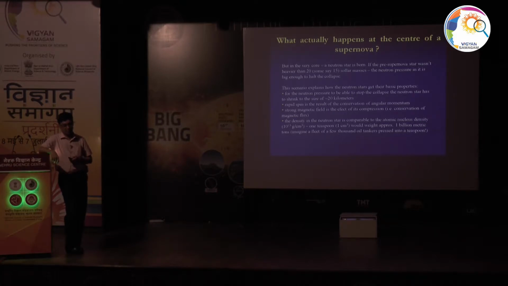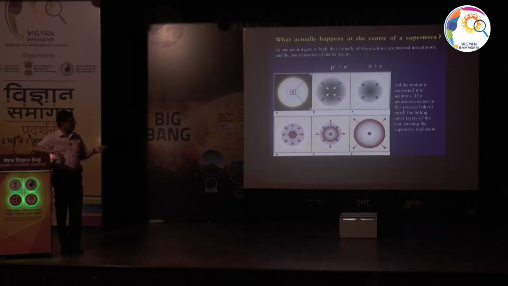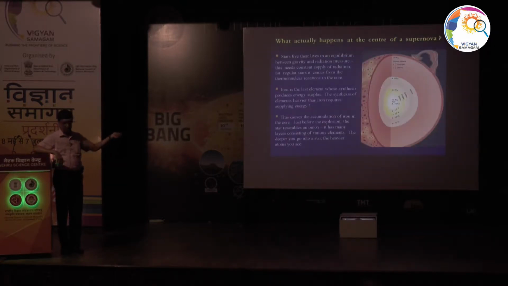So can you find individual atoms in a white dwarf, which you can't find in a neutron star? Yes and no, in the sense that, as you saw, even when you reach a neutron star, the original parent star will still have this onion structure. It will have that, but most of that will get blown away in the explosion. What remains is just the iron core, and the collapse will go on from there.